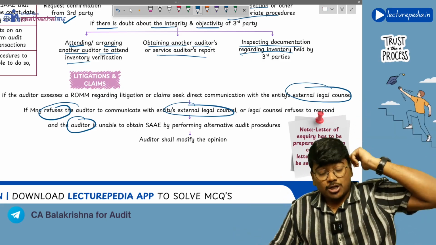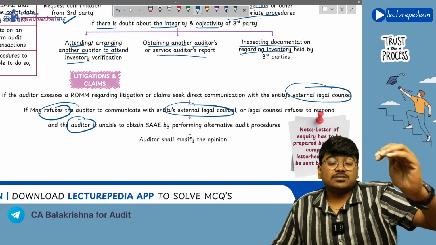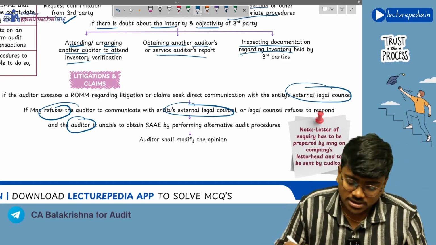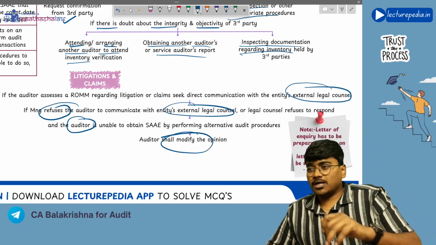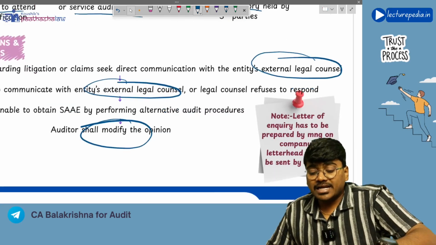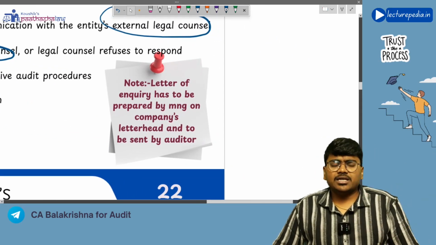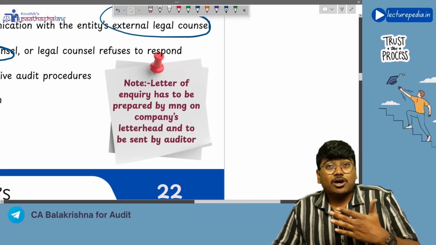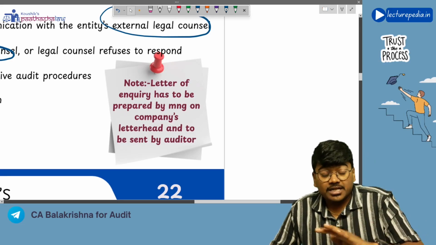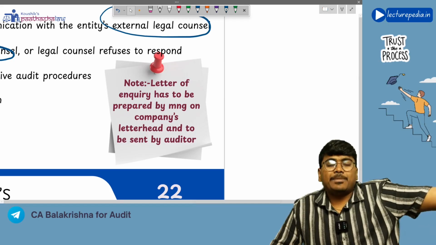If it is not possible to obtain audit evidence by performing other audit procedures also, then you will modify your opinion. And the letter of inquiry that you send to the external legal counsel should not be on the letterhead of the auditor, it should be on the letterhead of the management.